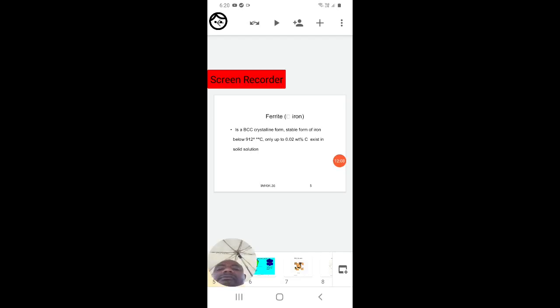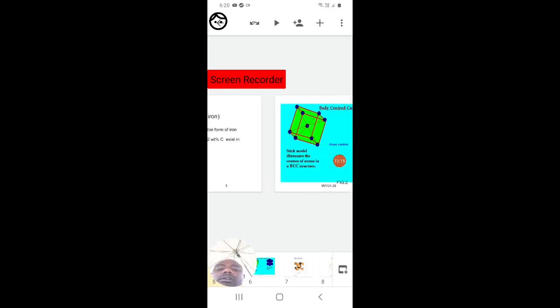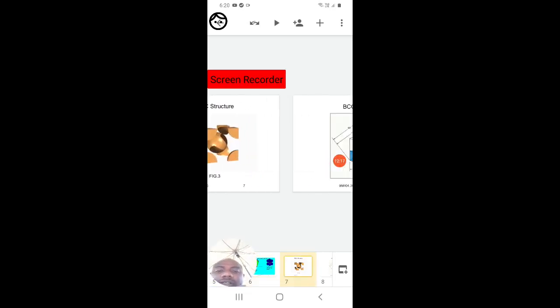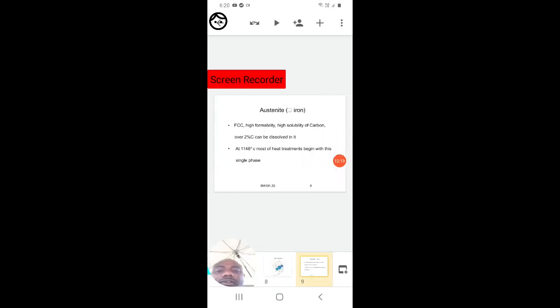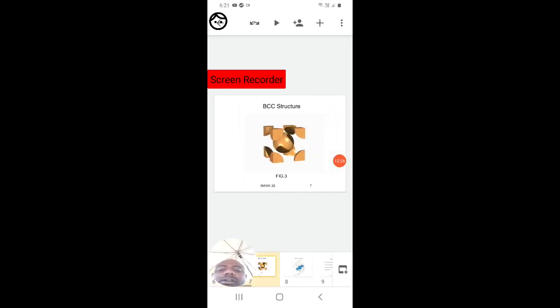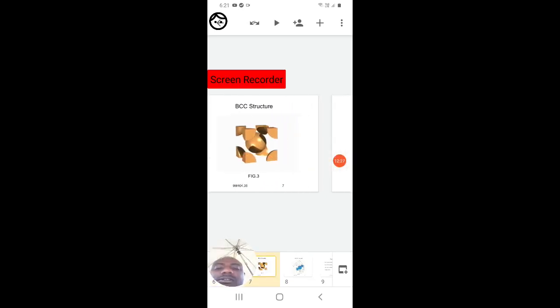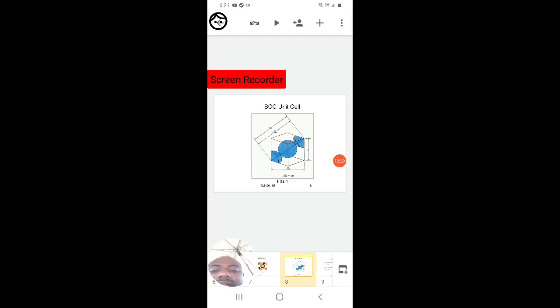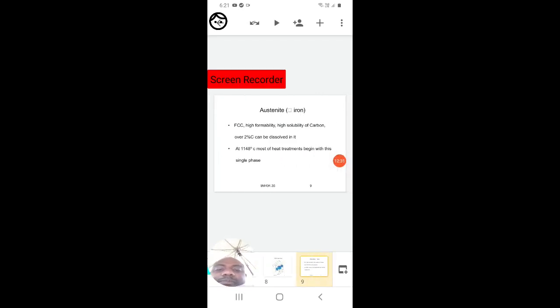Both temperature and composition are very important. We have already analyzed the BCC structures and the unit cell. Next you will see the austenite.